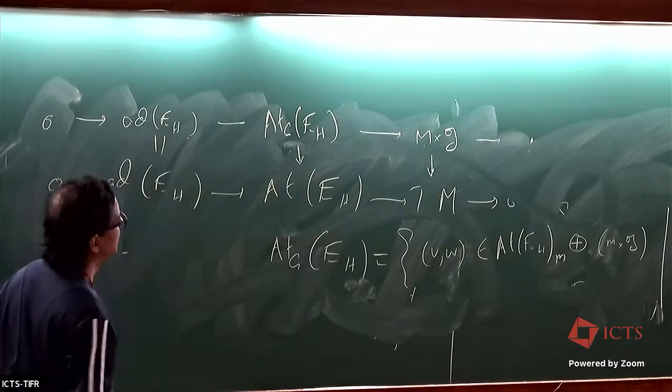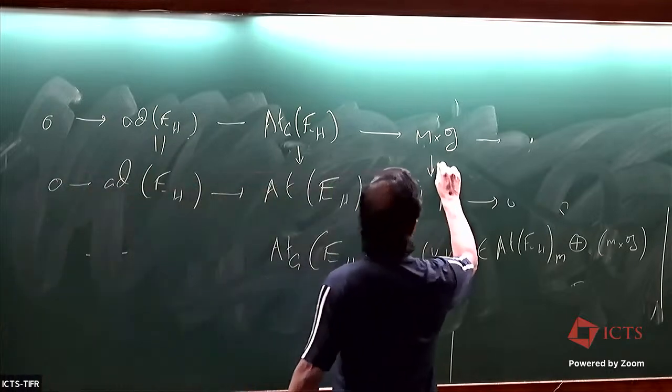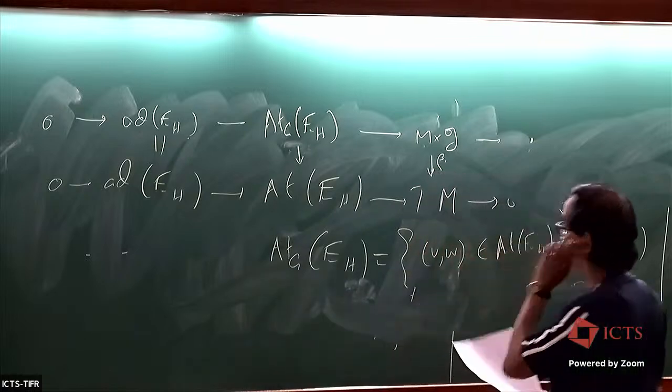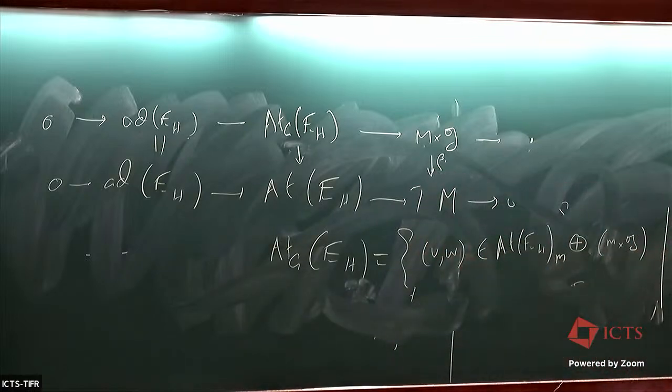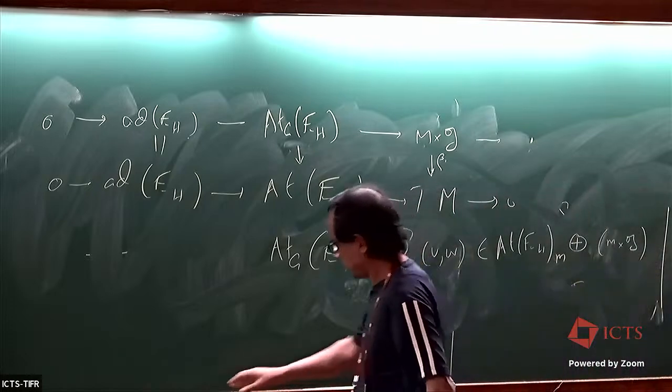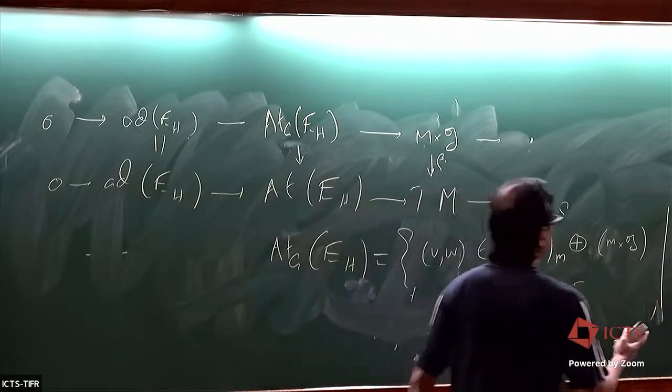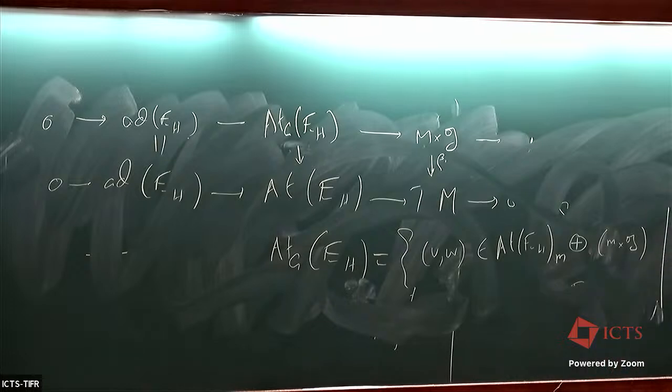This is the identity map, this is beta. So this will be used. Let me now state the result. What's the result?